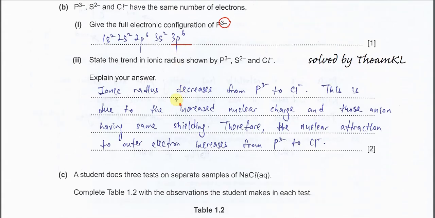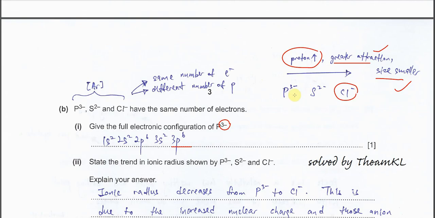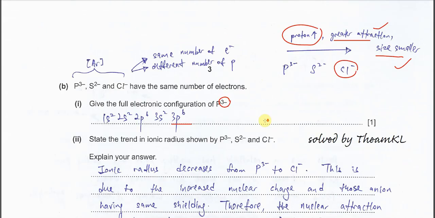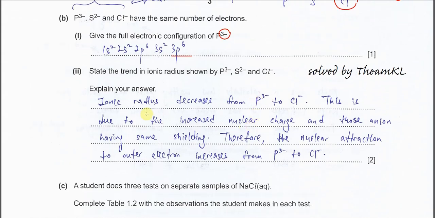Part 2. State the trend in the ionic radius shown by phosphide, sulfide, and chloride. This is the trend that I told you just now, across the period: the ionic size becomes smaller. What is the reason? Ionic radius decreases from phosphide to chloride because of the increased nuclear charge, so the attraction is greater.